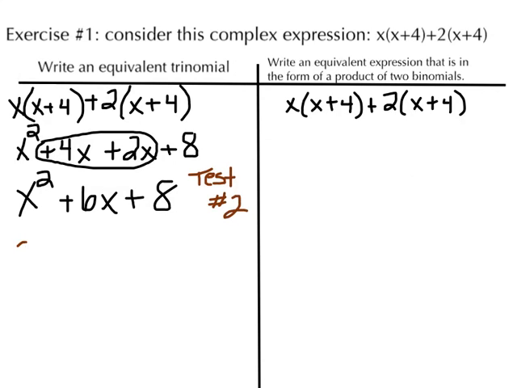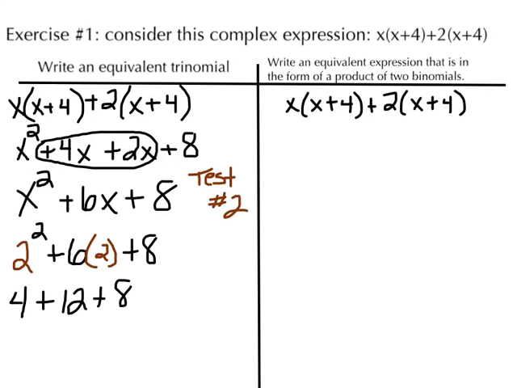So I'm going to say 2 squared plus 6 times 2 plus 8. 2 squared is 4, plus 6 times 2 is 12, plus 8, which gives me 24.